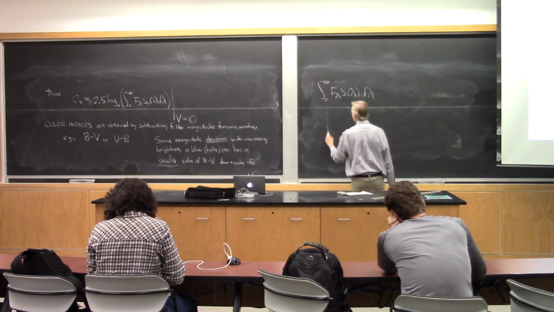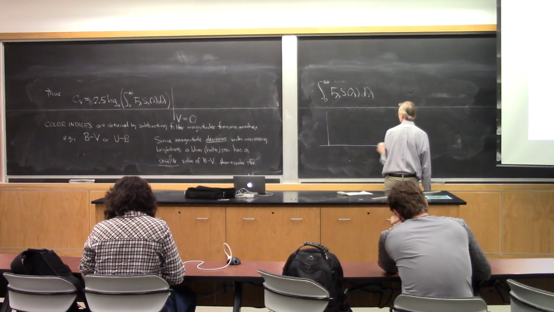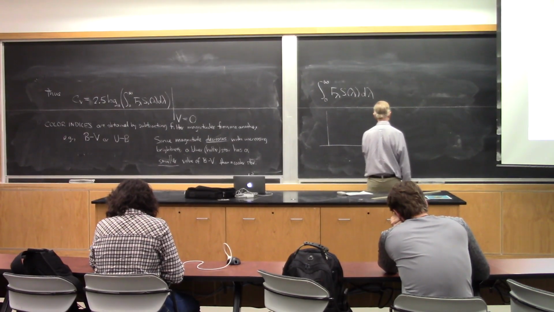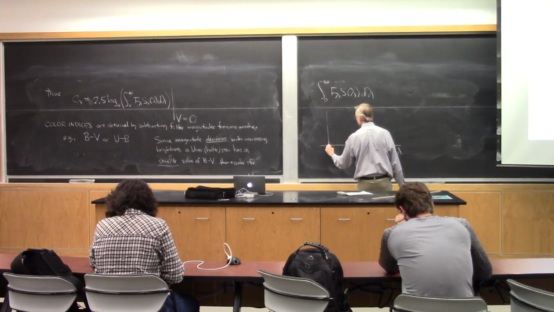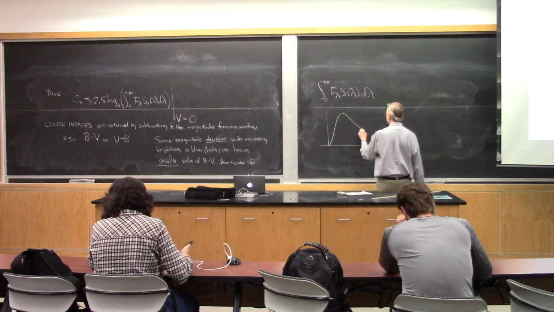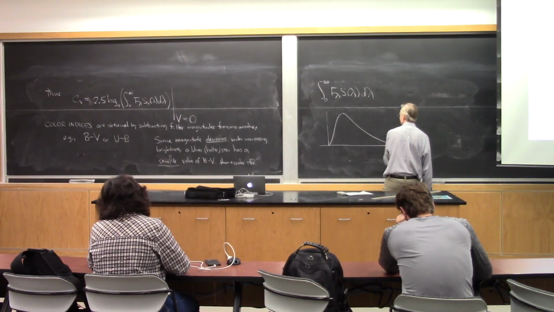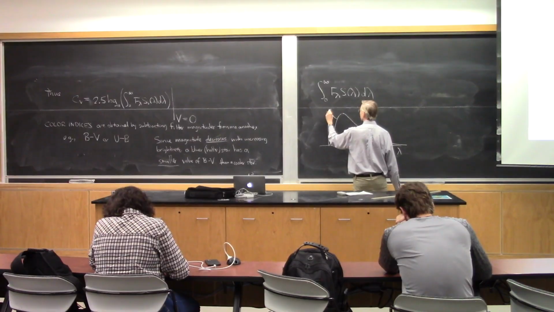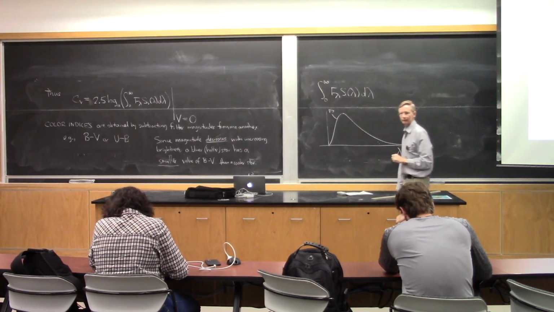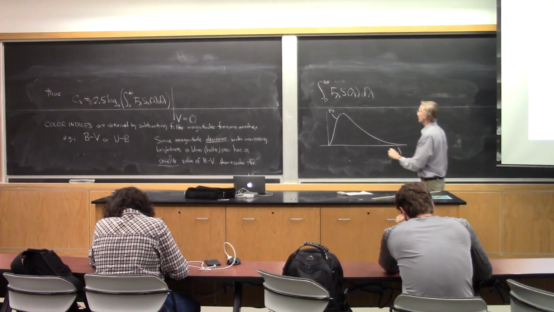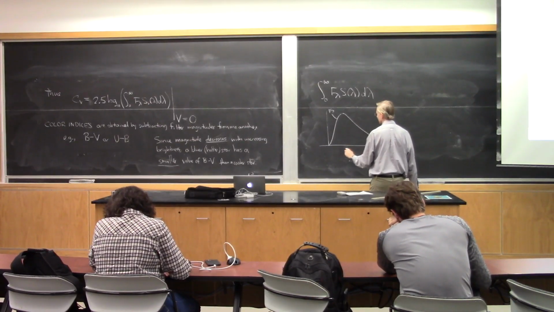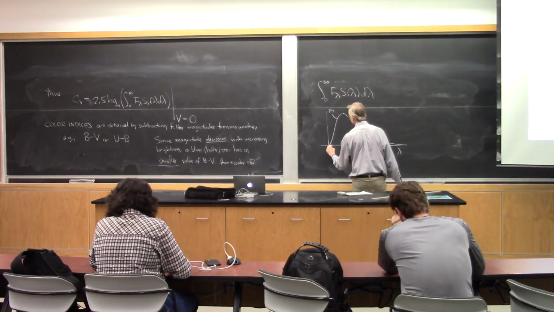If you imagine that the star is a simple black body, then here is f lambda for the star. And then the filter transmission function might look something like this.